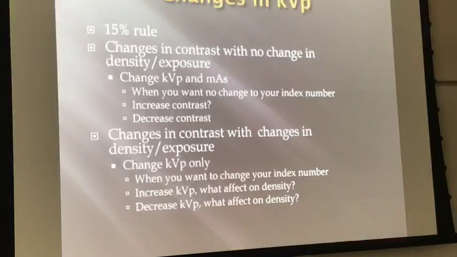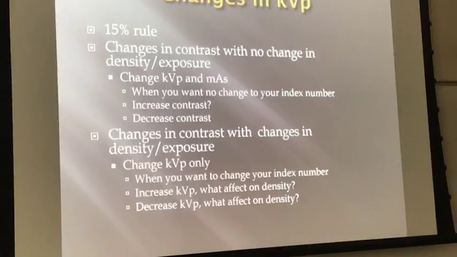So if we want to increase our contrast and change the index number, the index numbers on different machines go in different directions. Most of them, as the exposure goes up, the index number goes down. Some of them, as the exposure goes up, the index number goes up, which is logical. But most of them go in the opposite direction.